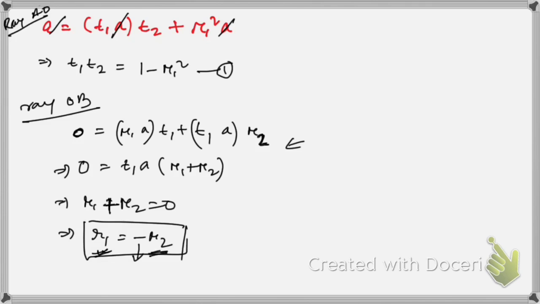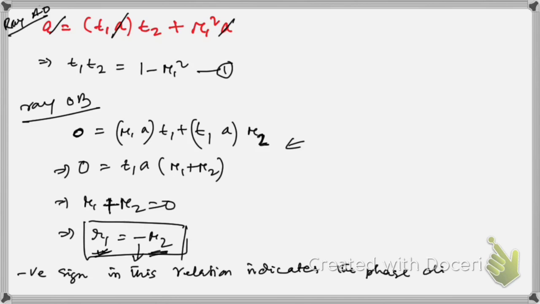So the negative sign in this relation indicates the phase difference of 180 degrees or pi, right? Which is according to Stokes law. That's how Stokes theorem is proved, right?